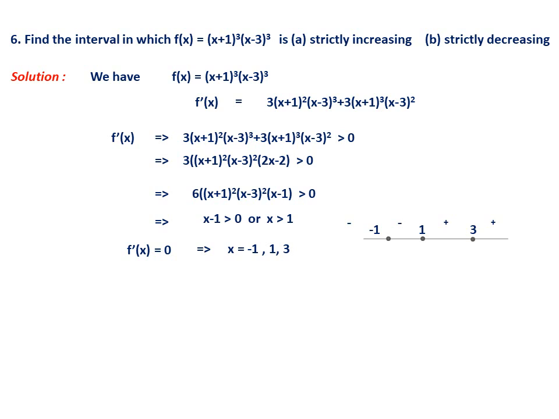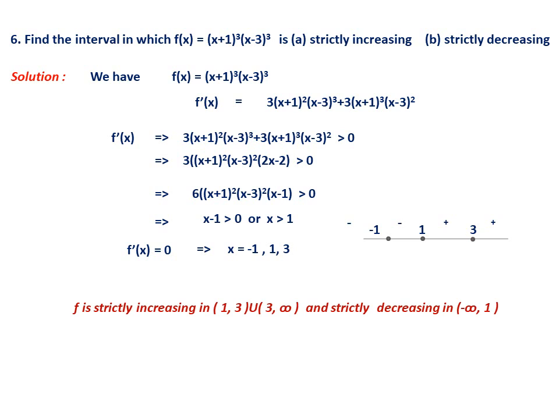Now from the graph it is very clear where it is increasing. 1 to infinity actually it is increasing, but 3 is a critical point. Therefore 3 we cannot include. Similarly, minus infinity to 1 it is decreasing, but -1 is a critical point. There it becomes 0. It is not strictly less than 0.